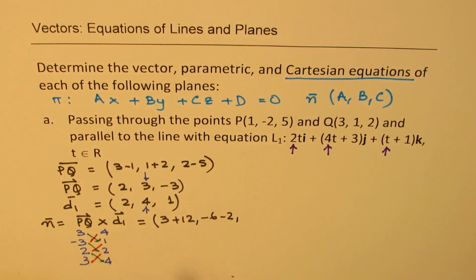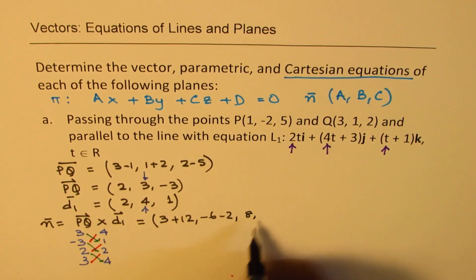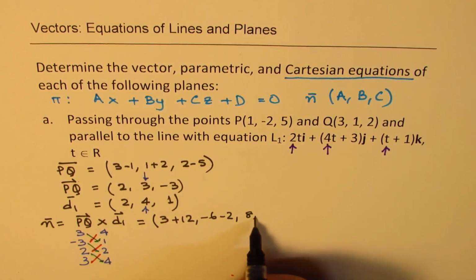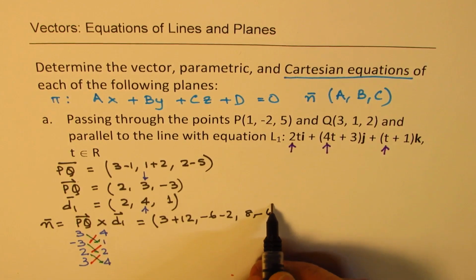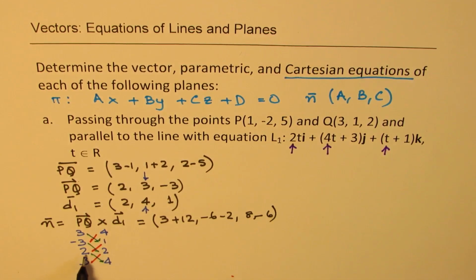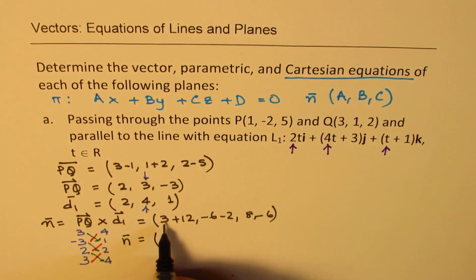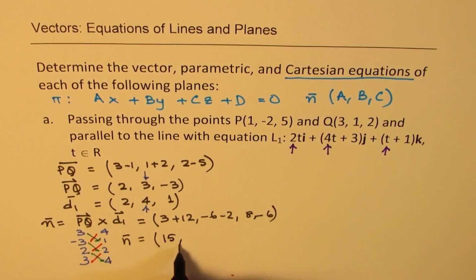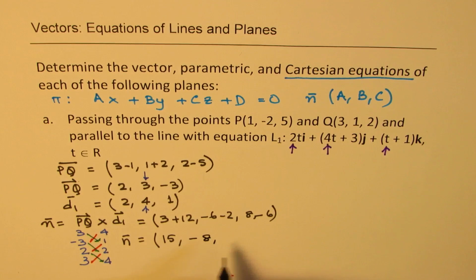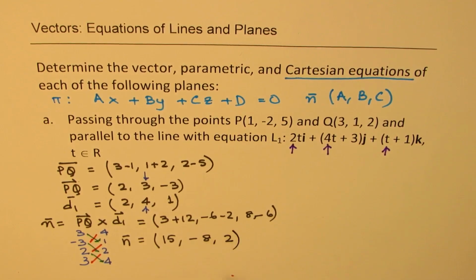And 2 times 4 is 8, and then we take away 3 times 2, 6. So that becomes my normal. Let me rewrite the normal here: 15, minus 8, and 2. So we got a normal.